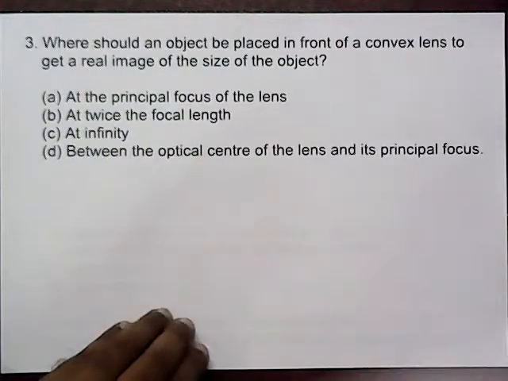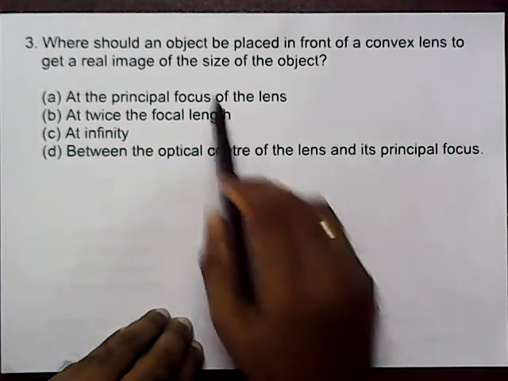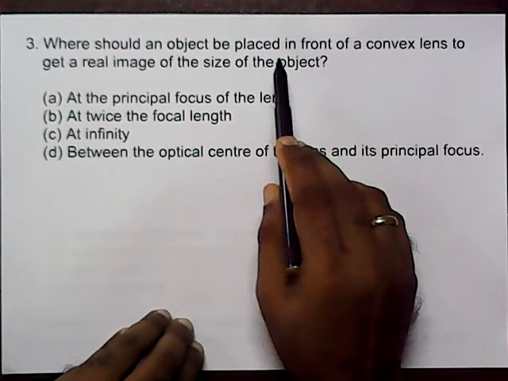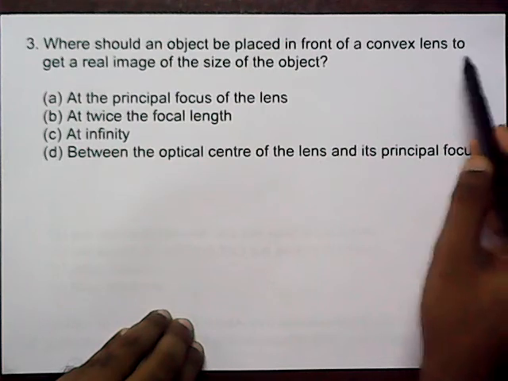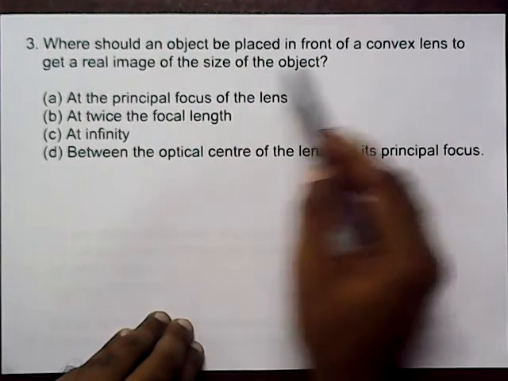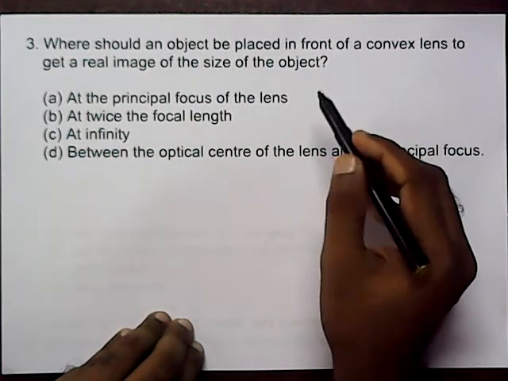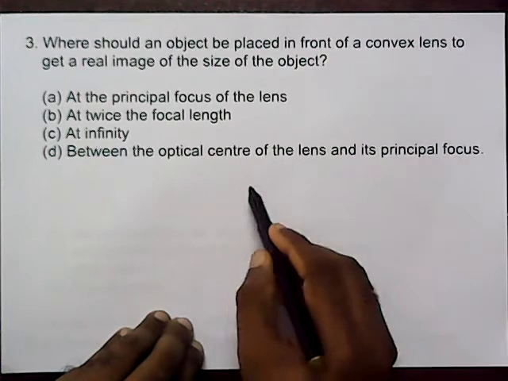Question number 3. Where should an object be placed in front of a convex lens to get a real image of the size of the object? That is a very important concept.